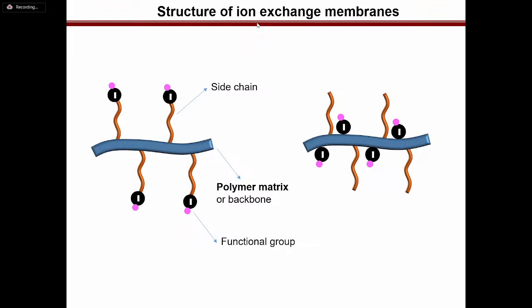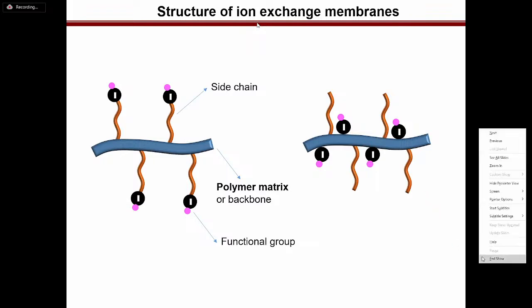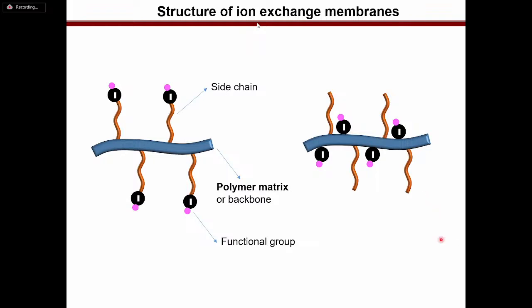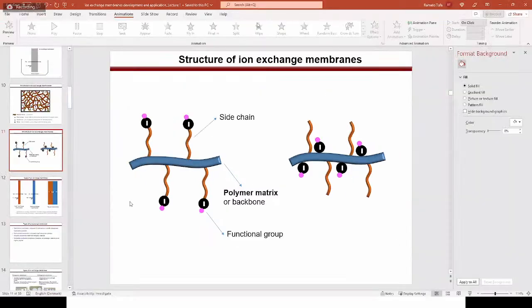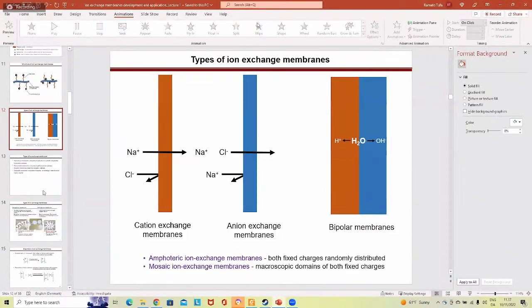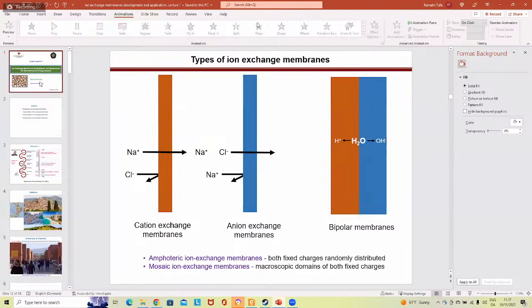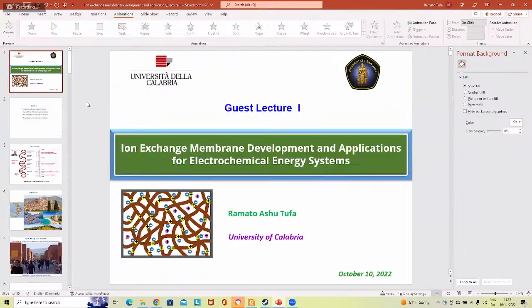Then the properties of the ion exchange membrane, like perm selectivity, ion exchange capacity, and charge density. Dr. Ramato has clearly explained how those properties are linked to each other and how they correlate to each other.